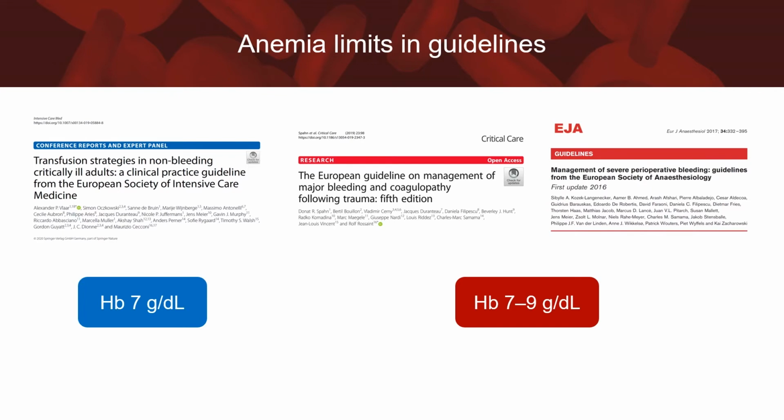On the left side you can see the guideline from the European Society of Intensive Care Medicine, and as you can read in this text, there is a lower limit for transfusion, a threshold for transfusion at a hemoglobin concentration of 7 grams per deciliter if the patient is non-bleeding, whereas in the two right guidelines, the European Trauma Guideline and the Massive Bleeding Guideline of the European Society of Anesthesiology, it is recommended that a patient should be transfused if a hemoglobin concentration of 7 to 9 grams per deciliter has been reached in case this patient is bleeding.